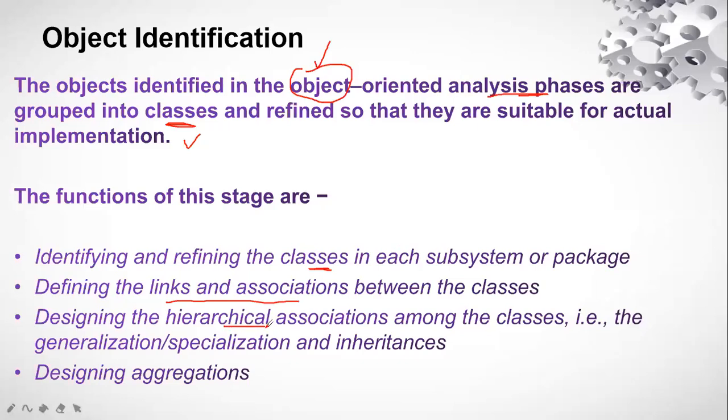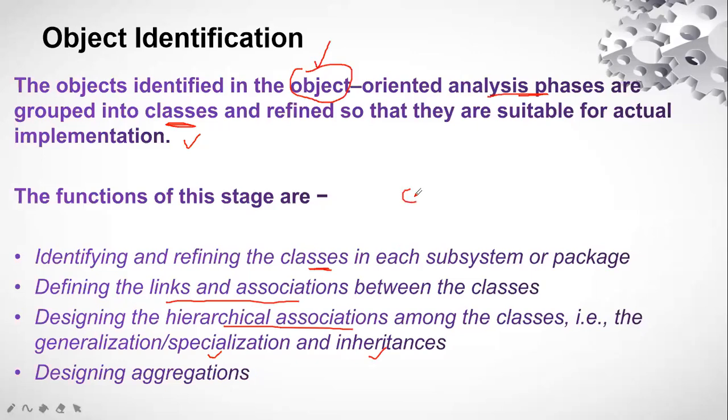We have already discussed these hierarchical associations in the earlier lectures, where I discussed the relationships: generalization, specialization, inheritance, etc. These are the ones we are going to design here in the third point. And lastly, we are going to design the aggregations. So first we identify and refine the classes.